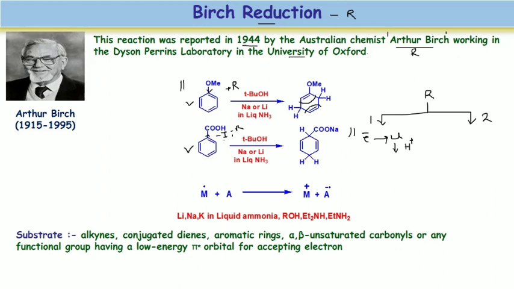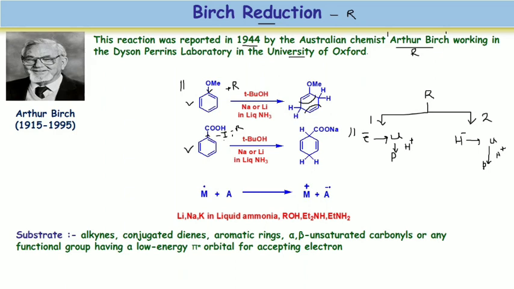Actually this process is continued for another time to give the product. And the second chemical method, where a hydride ion is added to an unsaturated molecule followed by protonation to provide you the product.